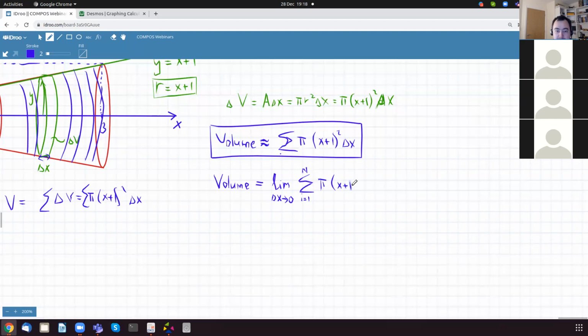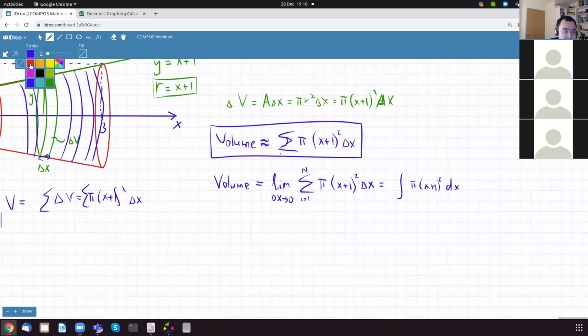So (x plus 1) squared delta x, and well, according to the same Riemann sums, this limit is in fact equal to the integral of pi (x plus 1) squared dx.